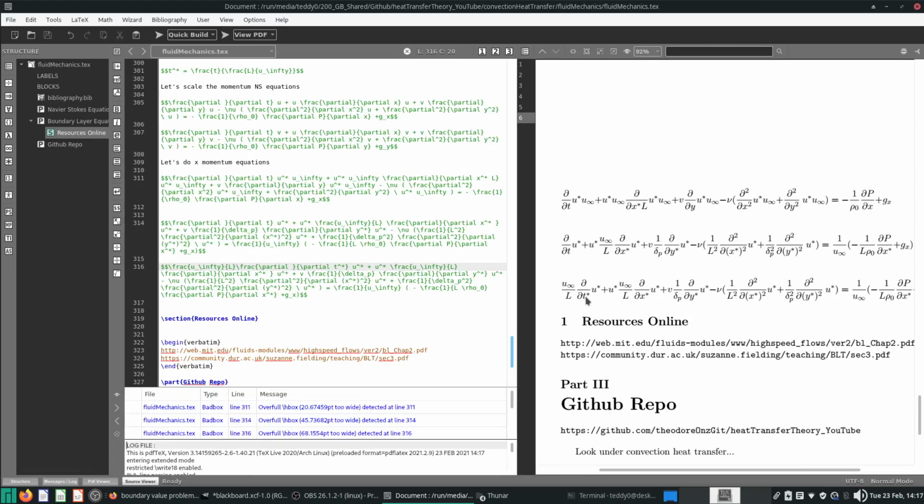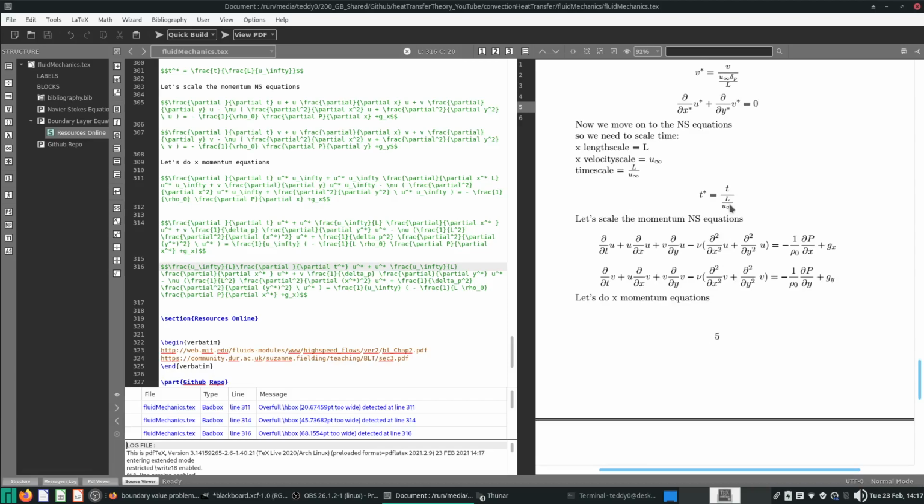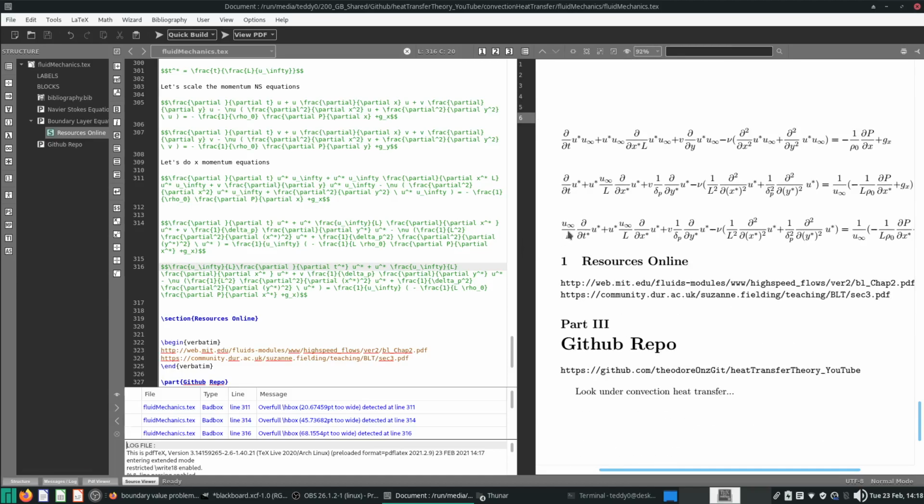When we bring this over, L will be on the same side as t, and u will be inverted, at the bottom. And when you take 1 over t, you will get this effect.